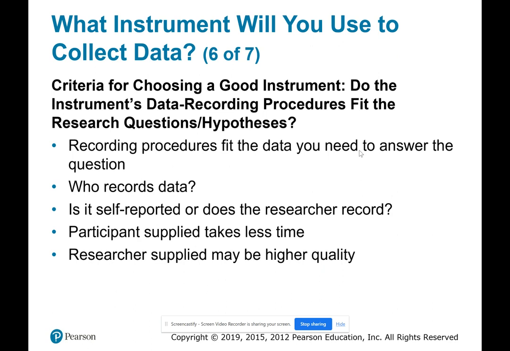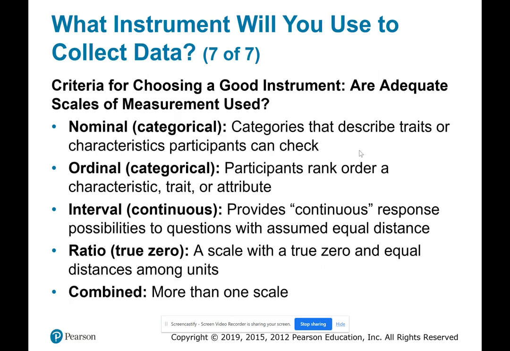It may be self reported, or the researcher may record the data. When participants record the data, that saves time, but when the researcher records the data, they become familiar with how the participants responded, and then they can control for a higher level of quality of the data. So keep that in mind.